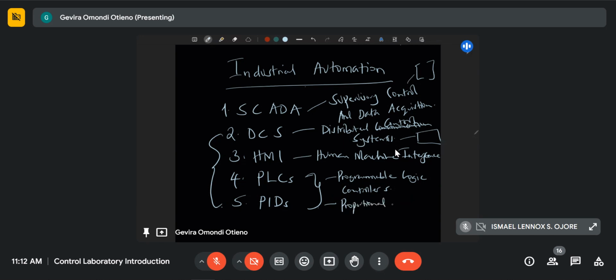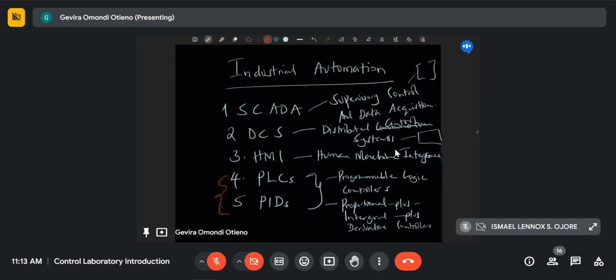Proportional plus integral plus derivative controllers. So these two are the ones that we are actually trying to work around this semester. These two, very important, PLCs and PIDs.